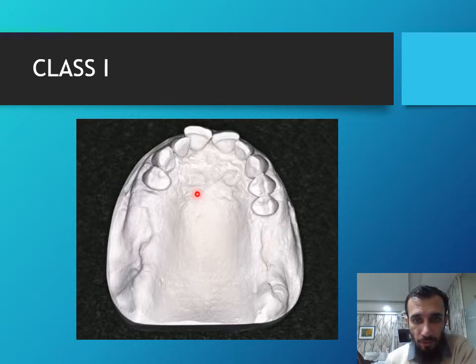As you can see in this cast, there are teeth missing posterior to the premolar on one side and on the other side as well. So the edentulous area is located posterior to the natural remaining teeth bilaterally. So this is considered as class 1.